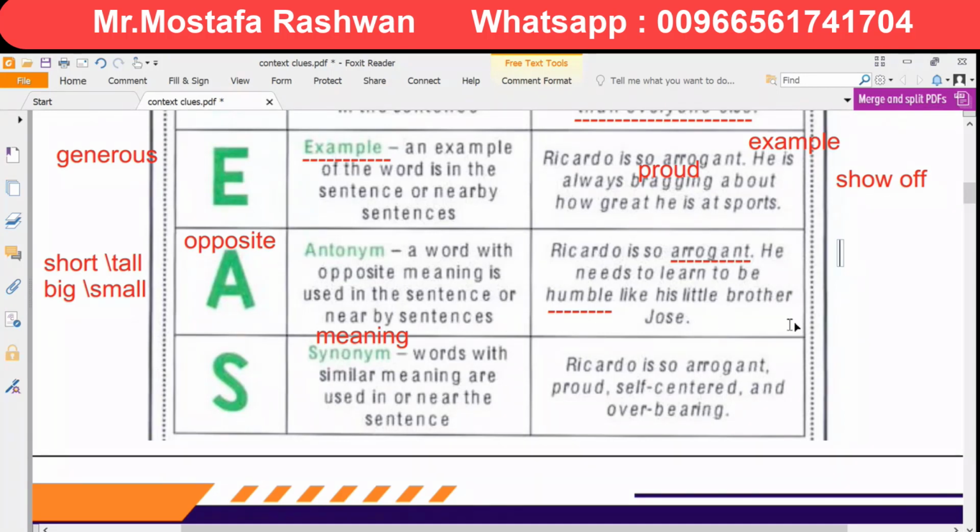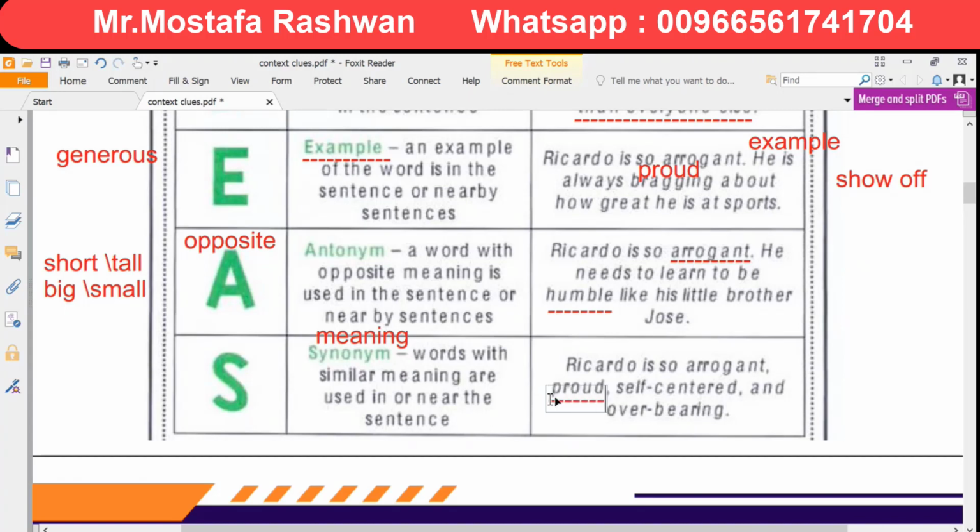Finally, synonyms. It's similar to definition, but synonyms are only single words. Synonyms, we agreed, are words with the same meanings. Okay, let's see. Here he said, Ricardo is so arrogant. Oh, look here what he gave you.